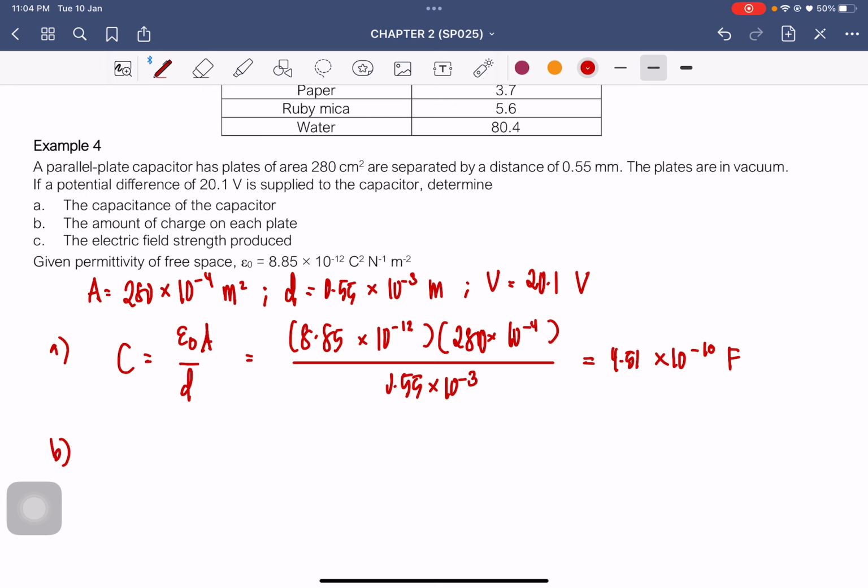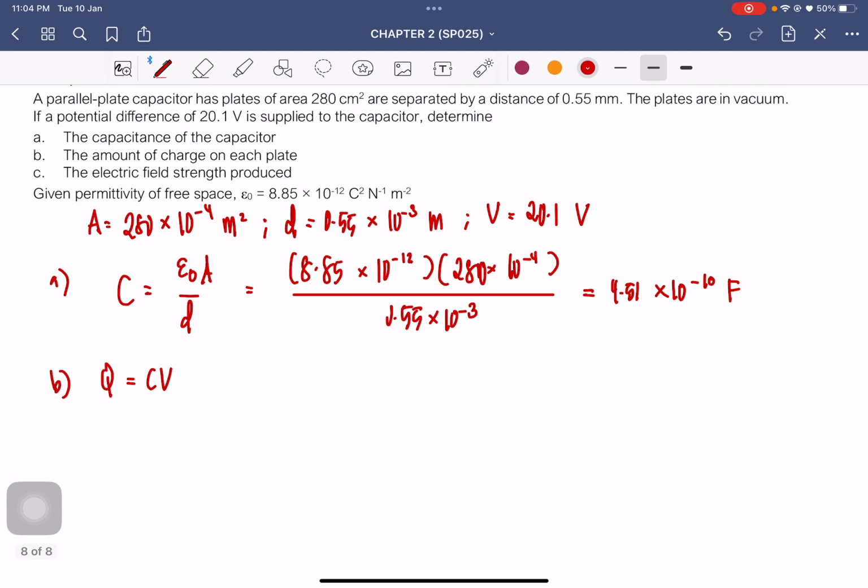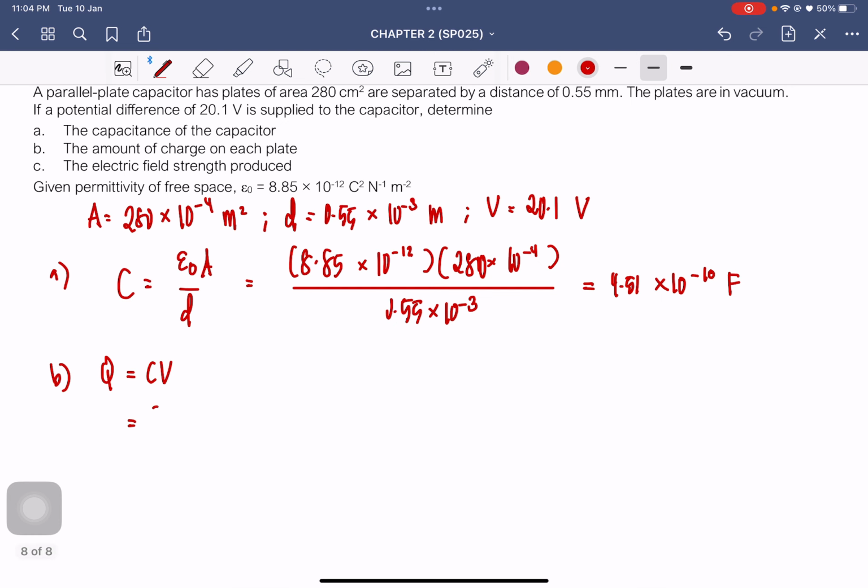Question B, it is asking for the amount of charge on each plate. So that is equal to Q equals CV. That C is the one that we calculated earlier. And then V is 20.1. So this will give you 9.07 times 10 negative 9 coulomb.